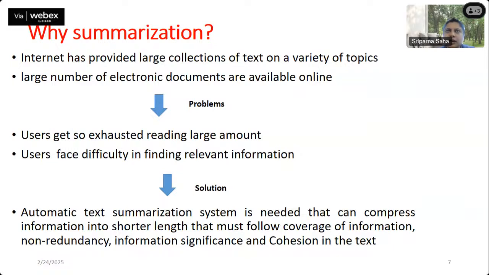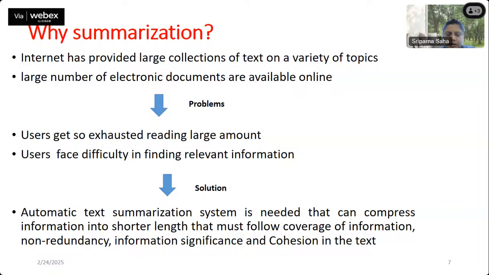Also, there are newspapers. Suppose an event happens and several news reporters are reporting the event. There are several news reports around the same event, but maybe nobody has time to go through all the news. So we can collect all the news and generate a summary out of it. Users are facing difficulty and do not have time to go through all the news and all the tweets. So can we generate a summary after considering all those news documents or all the tweets?